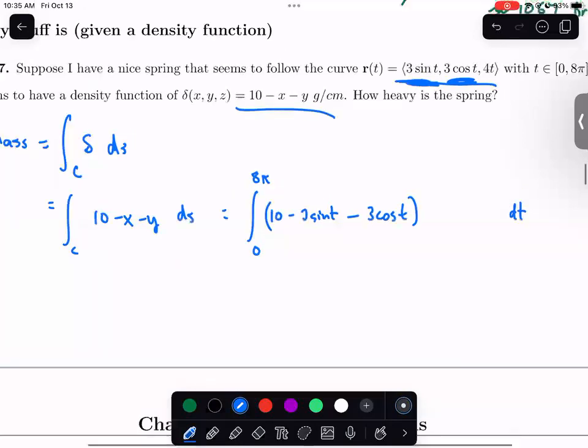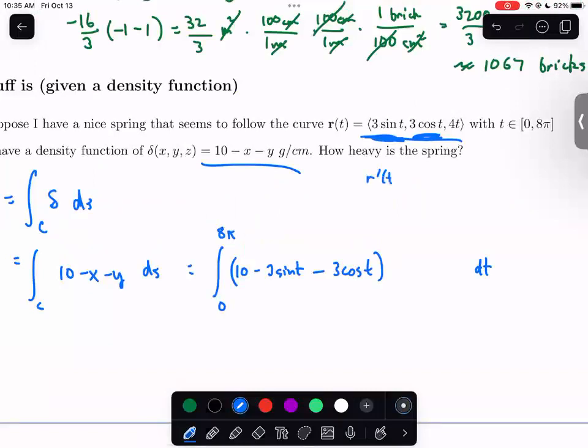So let's go ahead and spend a little bit of time. First calculate out the derivative and then the magnitude of that. So we're going to have what? 3 cosine of t, negative 3 sine of t, and then 4. So when I calculate out the magnitude, this will be 9 cosine squared, 9 sine squared, and 16.